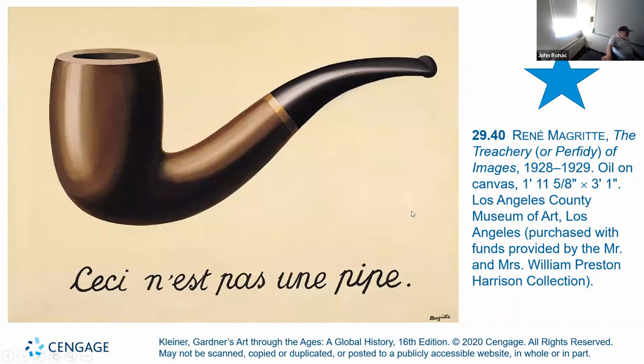And then you got this guy, Rene Magritte, another very popular surrealist. And he actually goes to the point of asking some of these questions in his own work. It says, the treachery of images. Who knows French? Oh yeah, what's it say? This is not a pipe.